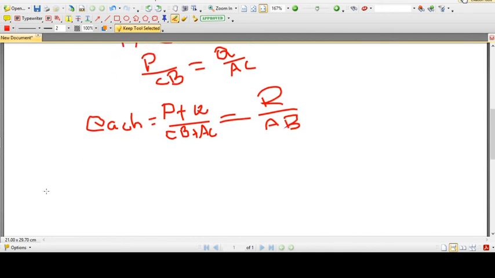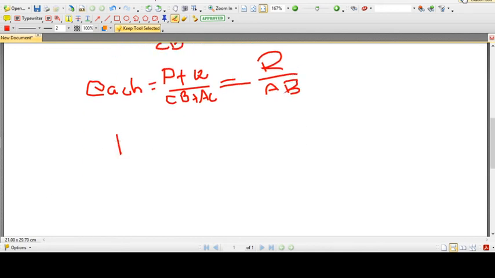Therefore, we get that P by CB is equal to Q by AC, but this is equal to R by AB.